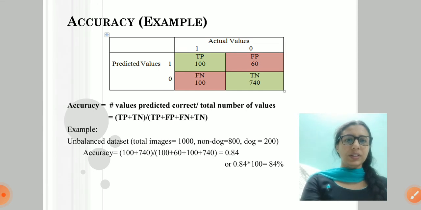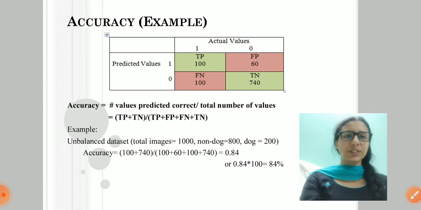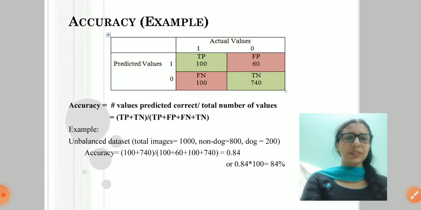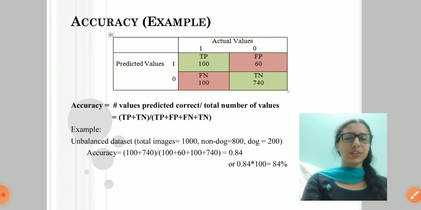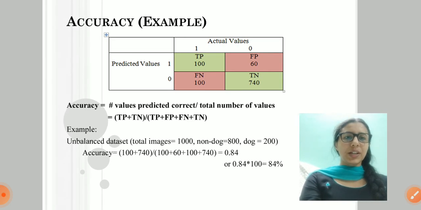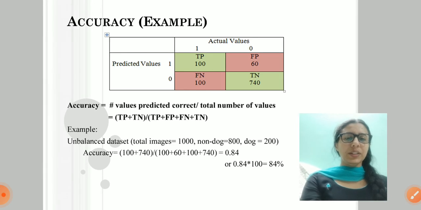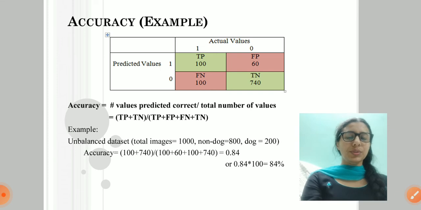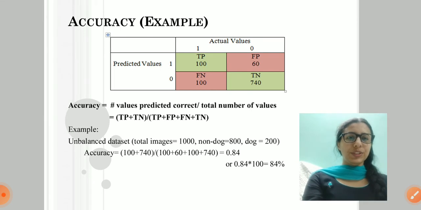So here the number of non-dog images is 800, so the accuracy is 84%, and our system gets biased toward the non-dog images, because the system has seen many images of non-dog, and so it predicts these images more correctly.